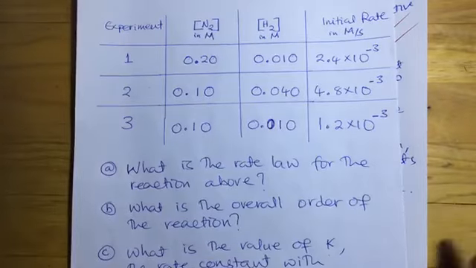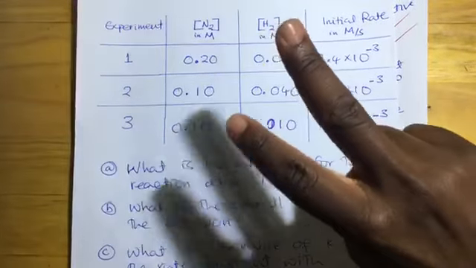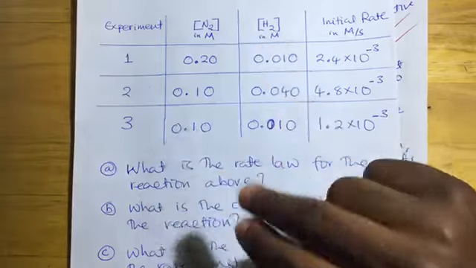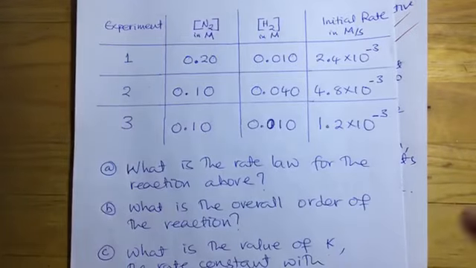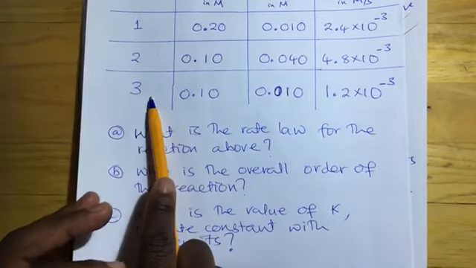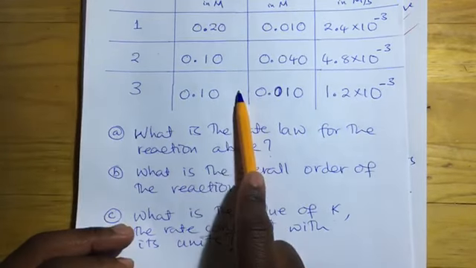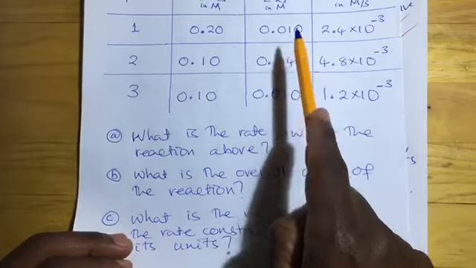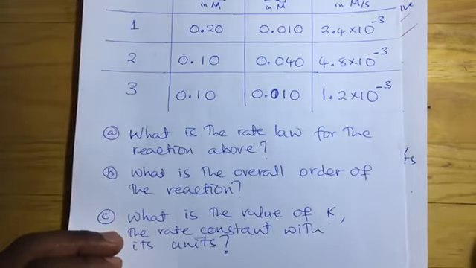Now, if you look at these experiments, we want two experiments where at least one of the concentrations is the same. So I can either go with 2 and 3 because these will be the same, or I can go with 1 and 3. You get?